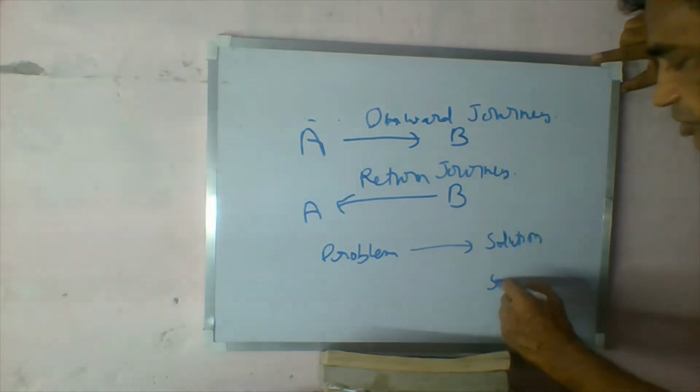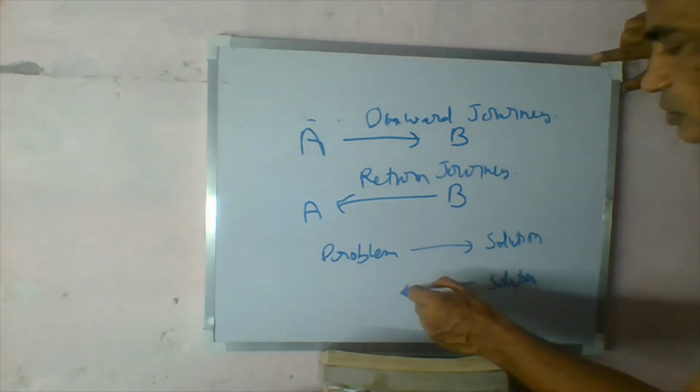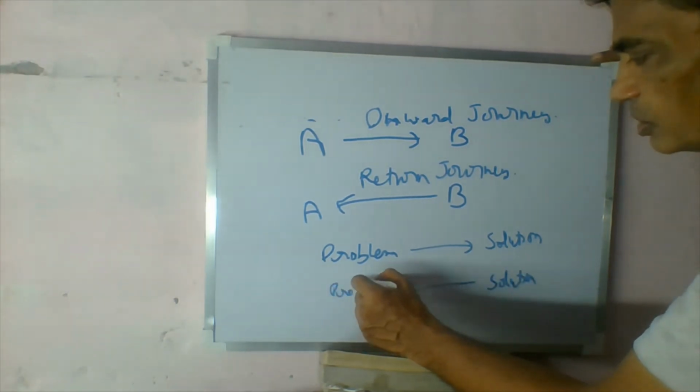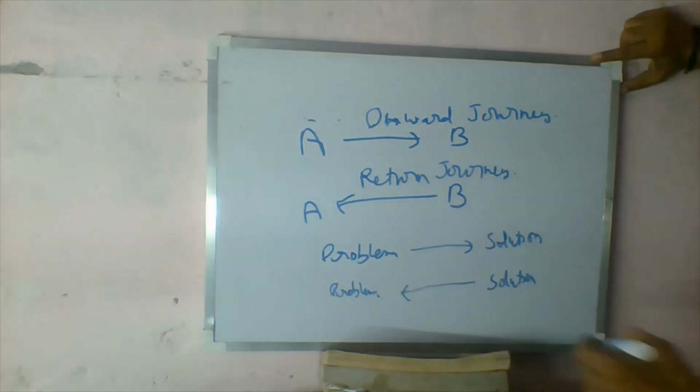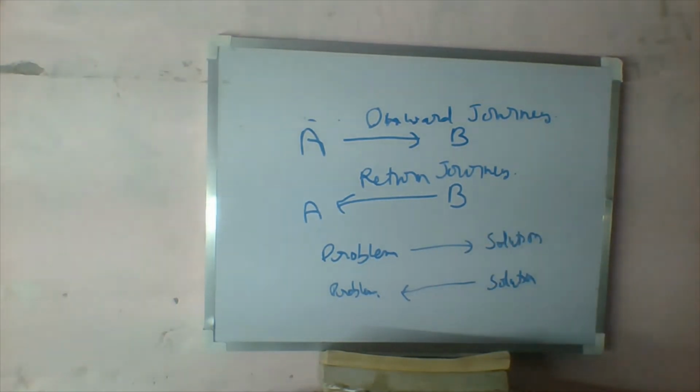Now, from the solution, we should be able to return back to the problem. So this is the onward journey, and this is the return. So for every mathematical operation, like addition, subtraction, multiplication, division, there is a return operation also. We will see what I mean by that.